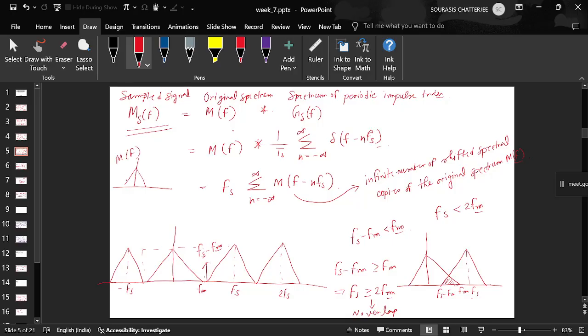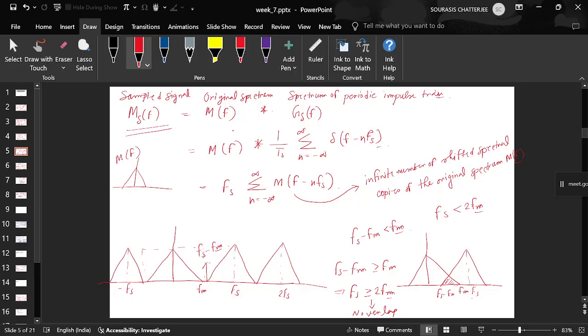So this is your original message spectrum M(f), and when you sample it with sampling frequency Fs, you end up with multiple copies in the frequency domain. Of course there is a scaled version which I am ignoring for the moment, because that is not as important as the gap between them. So there are multiple copies here which are shifted by a frequency Fs. Now the important thing is the aliasing comes here.